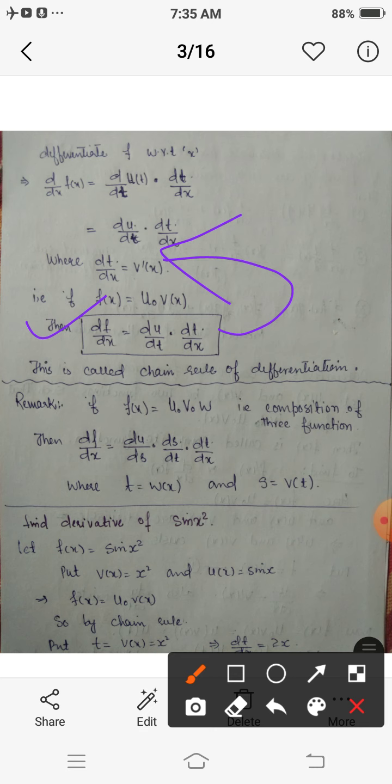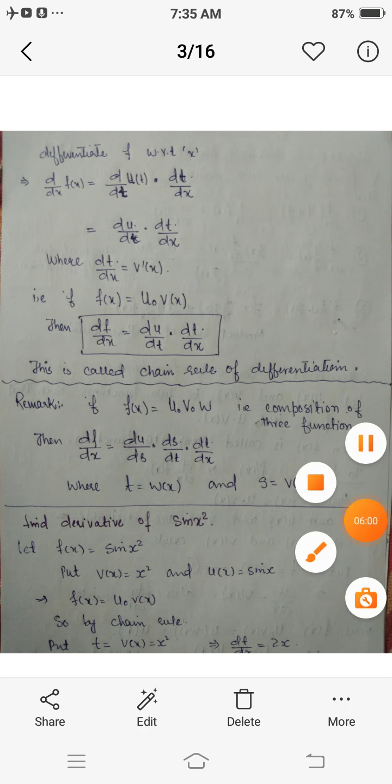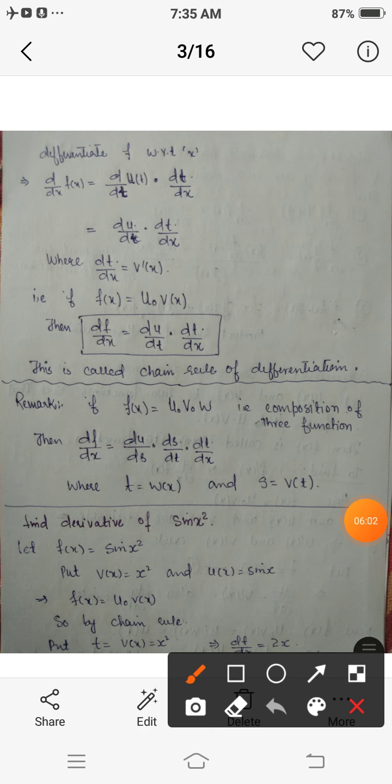So what is the chain rule? The chain rule is simply that rule which gives us the derivative of composite functions. Now if we consider a function which equals the composition of three functions, then its differentiation is as follows. In the first case we had a function f which is the composition of two functions, so we used only one new variable.